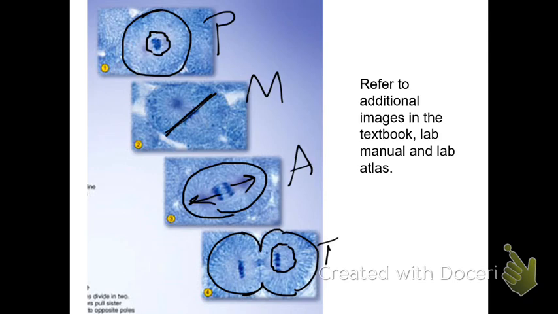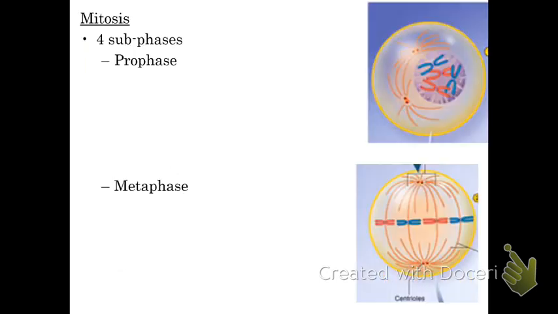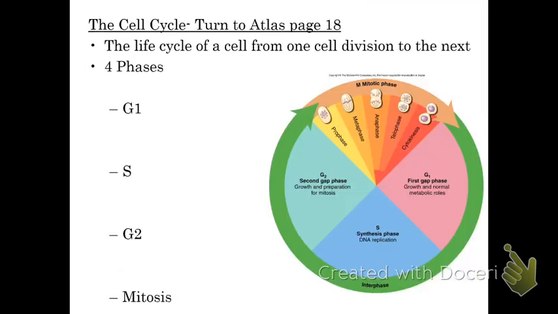Now, if you look under the microscope at a ball of cells and you see a cell where you can see the nucleus, but you don't see any chromosomes at all, that cell would be in interphase. So if you go back and look at that cell cycle picture, right, let's go back and look at that cell cycle picture.